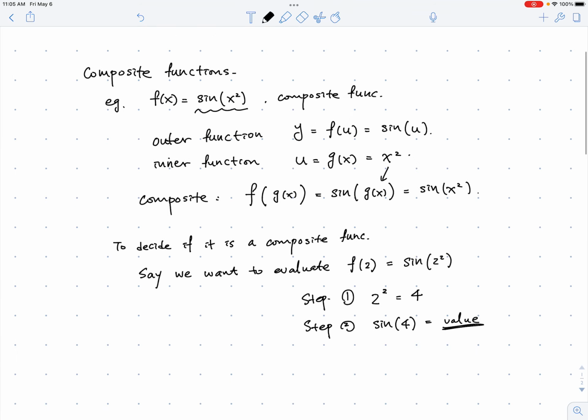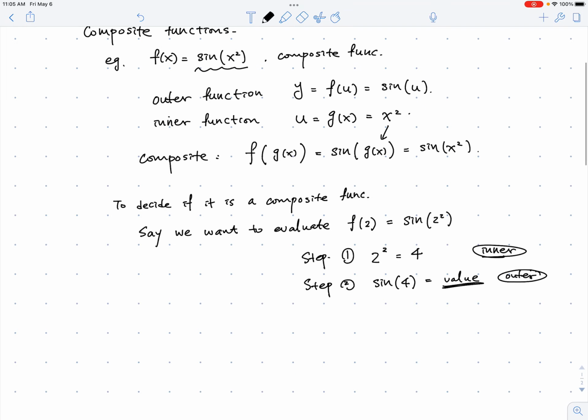Whatever you have to do first would be the so-called inner function, and the part that you do later will be the outer function part. So that's an easy way you can decide whether you have a composite function or not.